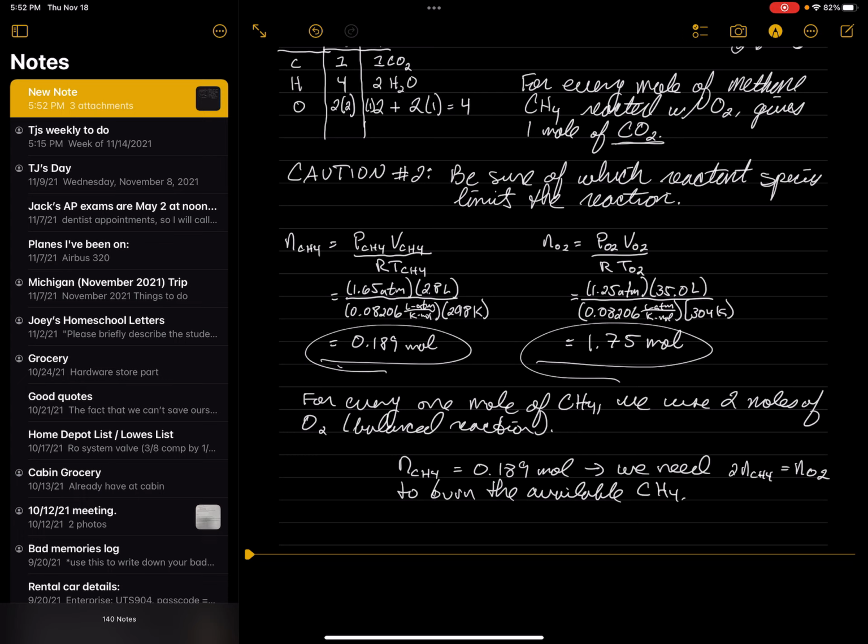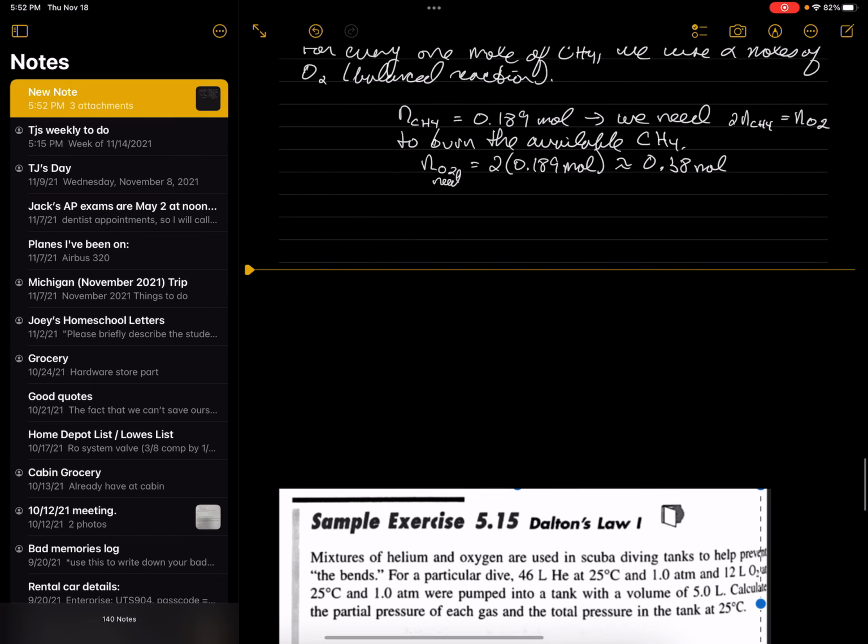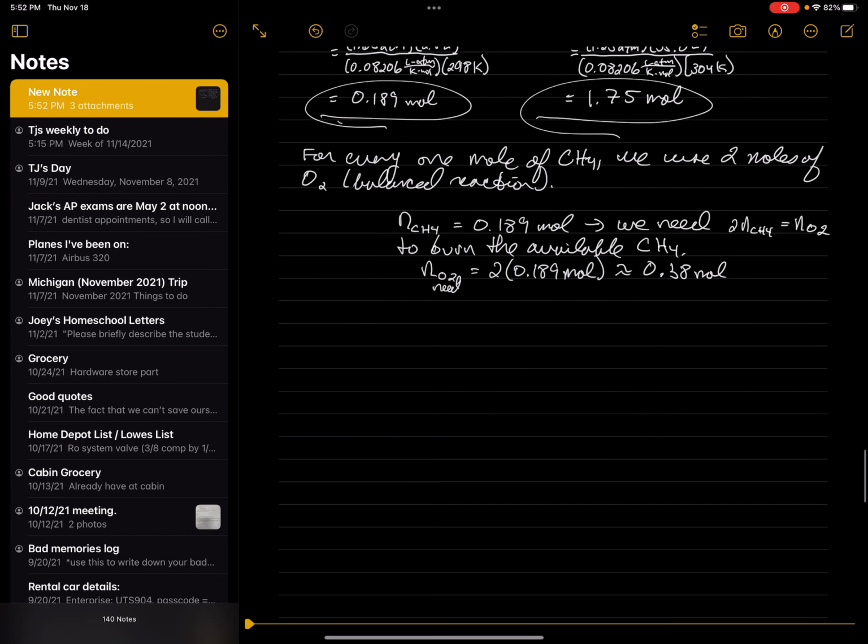So that means that the number of moles of oxygen that we need is 2 times 0.189 mole, which is approximately 0.38 moles. But, of course, the number of moles of oxygen that we have is 1.75 moles.